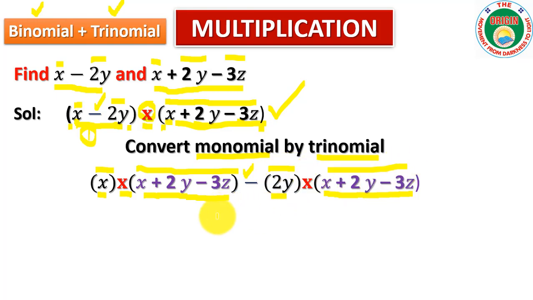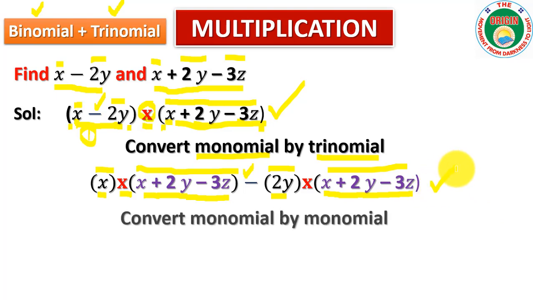First step completed. Next, from this step, convert to monomial by monomial. Here two expressions are there. This is one expression and this is another expression. If you want to multiply these two expressions separately, convert each into monomial by monomial. The first term is x: x multiplied by x, next x multiplied by 2y, next x multiplied by 3z.